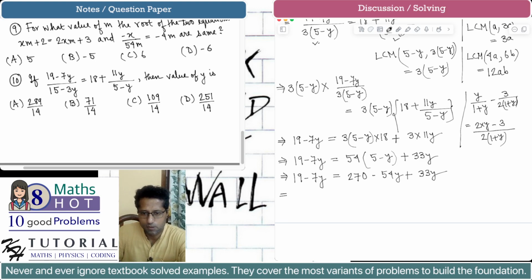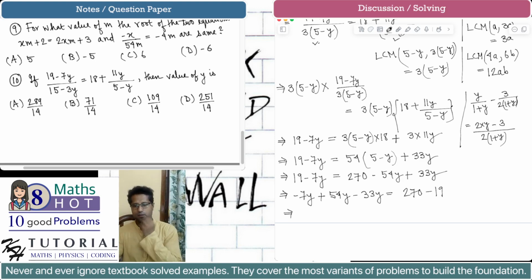Now I will bring all the y terms to the left hand side and all the constants to the right hand side, and I get minus 7y plus 54y minus 33y is equal to 270 minus 19. Now after doing further simplification, that is adding the variable terms on the LHS, we have minus 7y minus 33y is minus 40y.